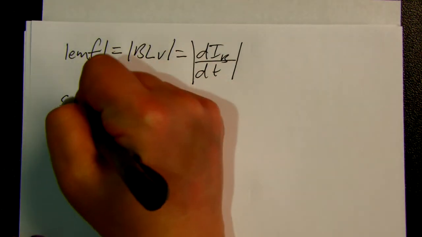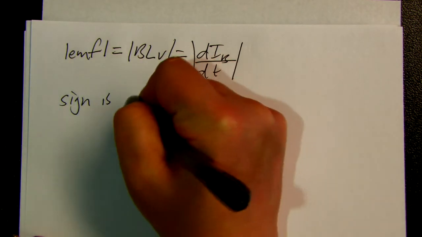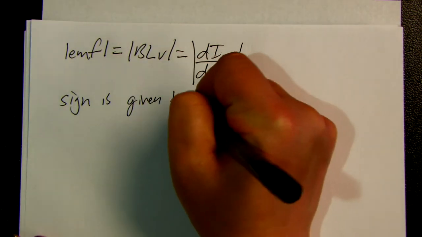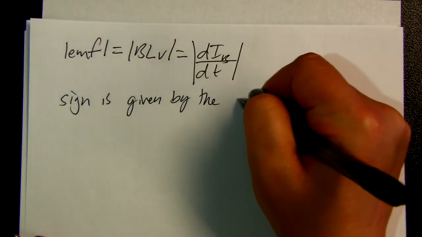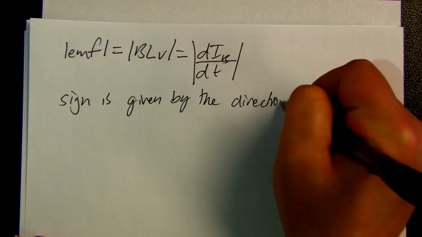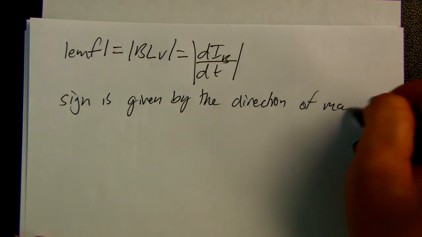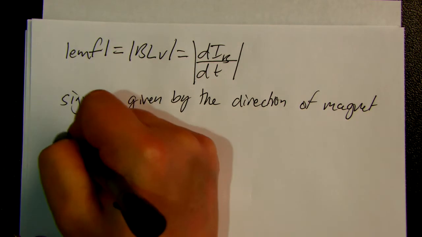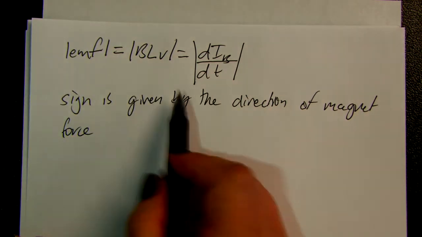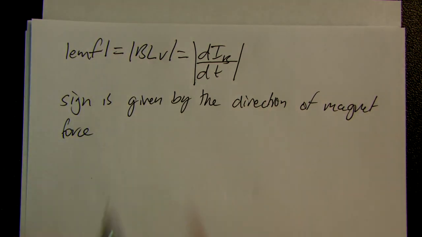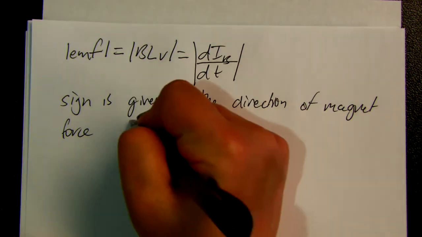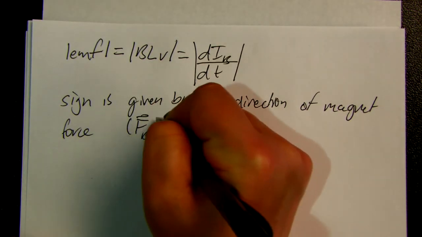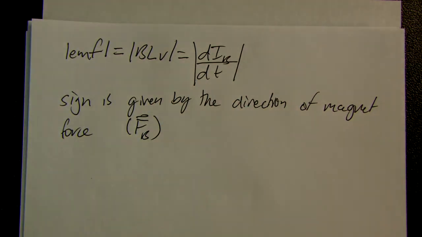And the sign is given by the direction of magnetic force. So not the direction of the magnetic field, the direction of the magnetic force. All right, so this is a general result.